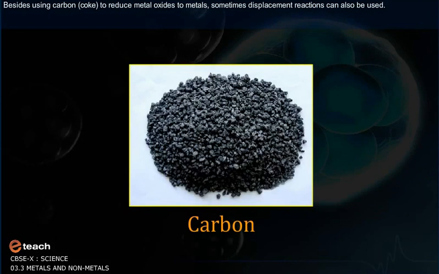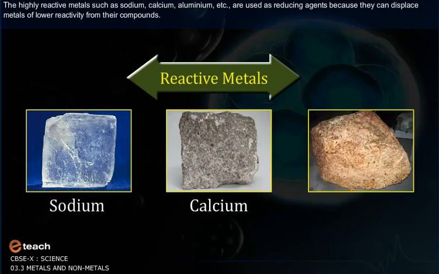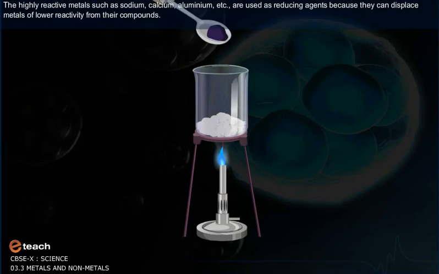Besides using carbon, coke, to reduce metal oxides to metals, sometimes displacement reactions can also be used. The highly reactive metals such as sodium, calcium, aluminium, etc. are used as reducing agents because they can displace metals of lower reactivity from their compounds.